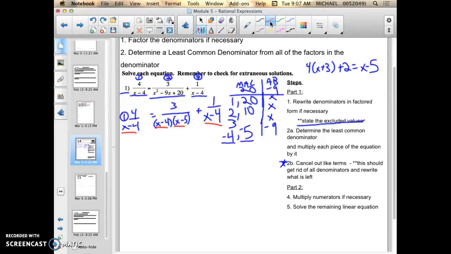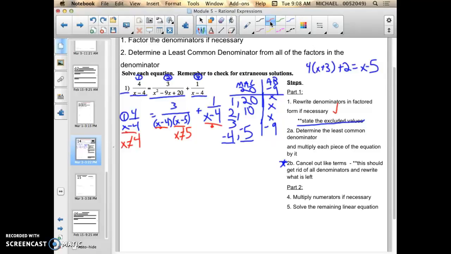And so I only have to say x can't equal 4 one time, because if I put 4 into this factor, it would be 0, this factor, it would be 0, and this factor would be 0. So if factors show up more than once, you only have to state the excluded value for that factor one time. But there is a different factor over here, x minus 5, so x can't equal 5 either. So at this point, after I've stated the excluded values, I am done with step 1.